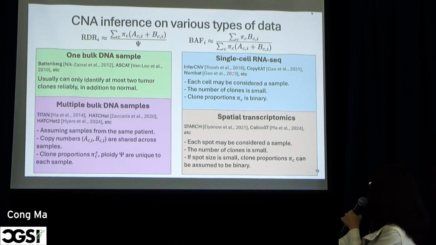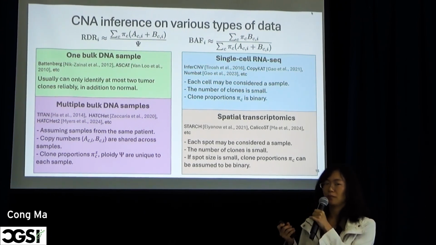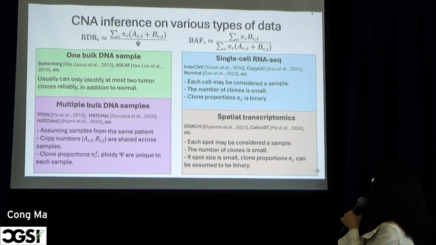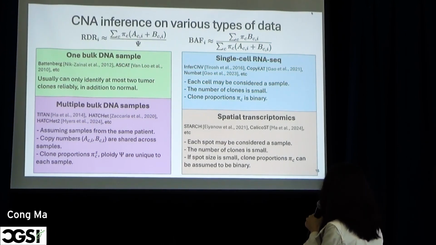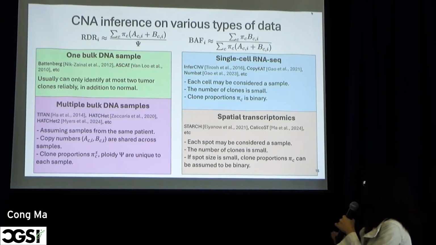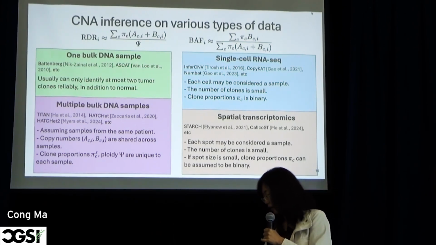Also, single cell RNA sequencing samples, I haven't talked about this data, but based on its name, it's single cell, so it doesn't have the tumor population mixing problem. And so each clone proportion will be binary, either 0 or 1. And for spatial transcriptomics, if the spot is small enough, we can also assume the tumor proportion to be close to binary.